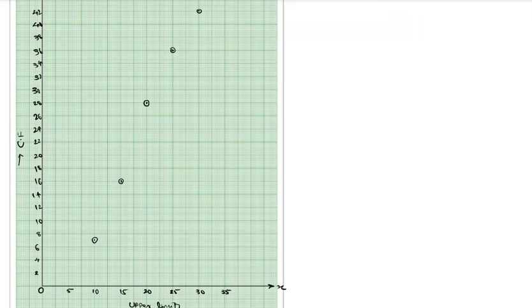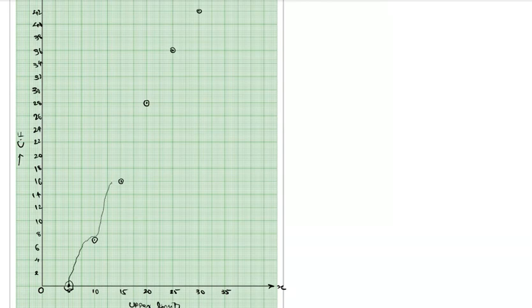So you have to mark its base on the lower limit of that particular class, that is 5. This is your base. Now you have to draw a smooth curve from this point to this point.